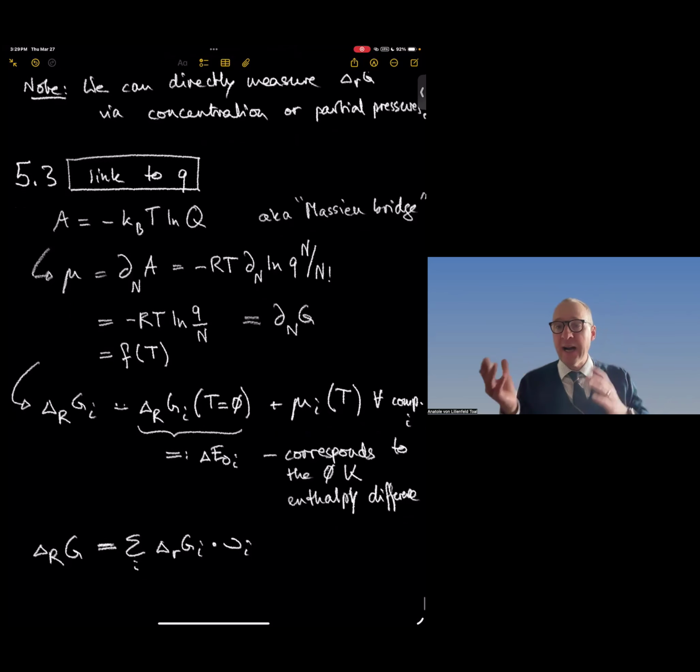Which also takes care of the sign, right? If you are depleting one or if you're growing one, they carry opposite sign.